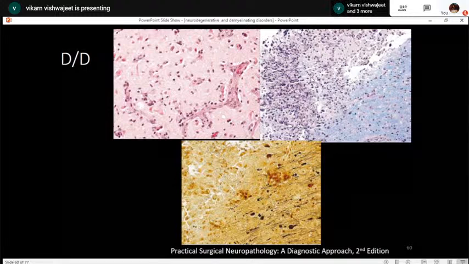The loss of myelin is appreciated in the upper right corner of the picture, while the loss of axons is appreciated here in the bottom picture. So this is a case of infarct. This is not a case of multiple sclerosis. However, correlation should always be done with clinical and radiological findings.